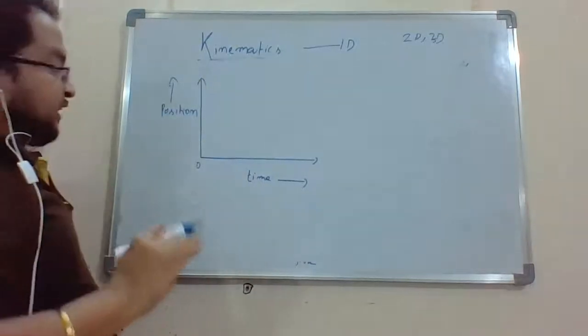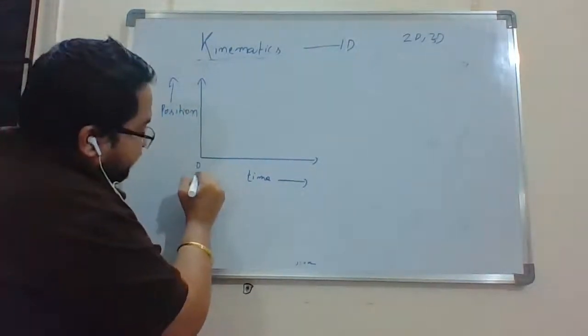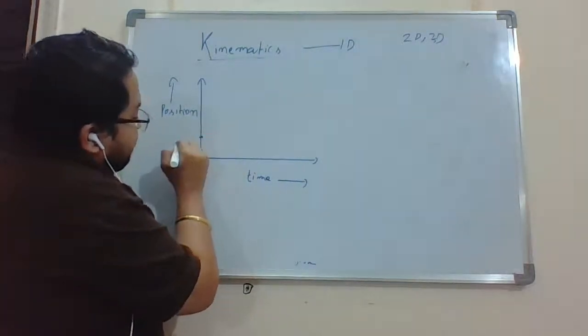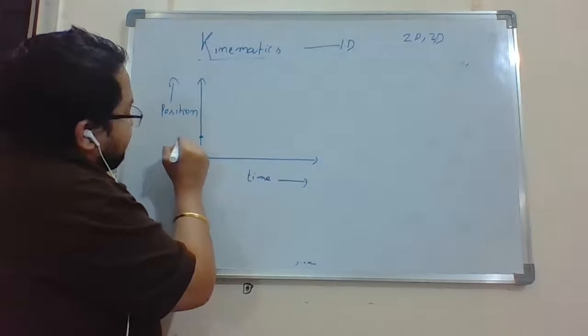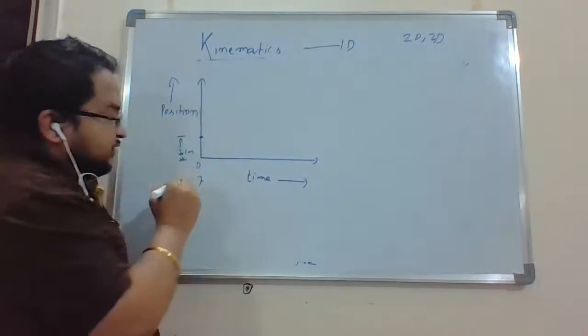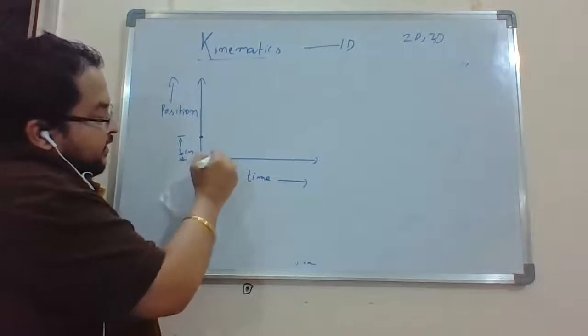At 7 p.m. the distance was, suppose, 30 centimeter, which is nothing but 30 centimeter in this graph.